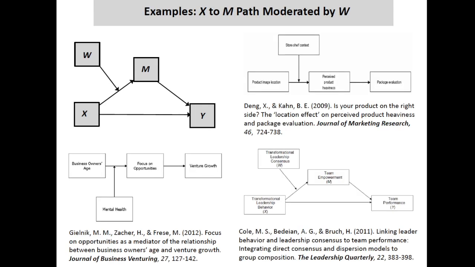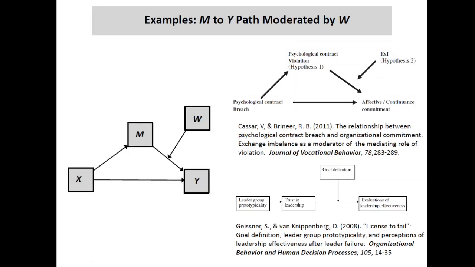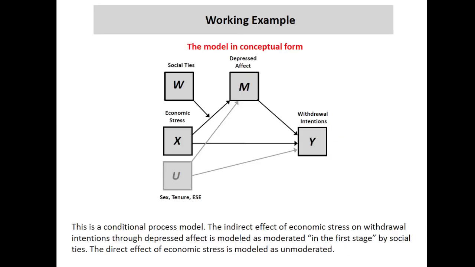Yes, people are doing this. Here are a few examples. Examples in which the x to m path is moderated by w, something called first stage moderated mediation. That is the first stage of the mediation component moderated. Here are two examples of what we call second stage moderation, in which the path from m to y is moderated.